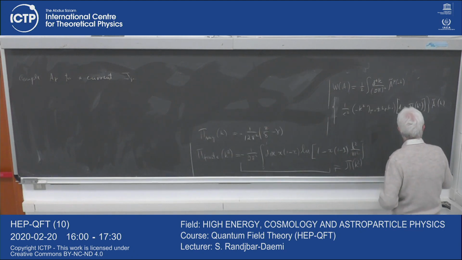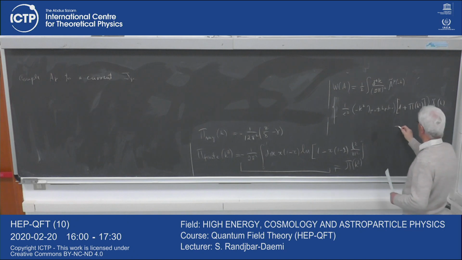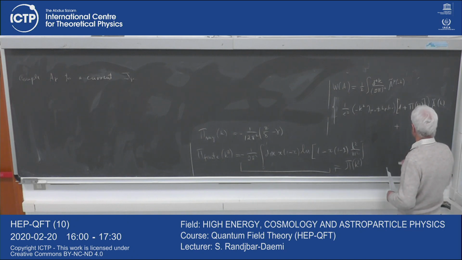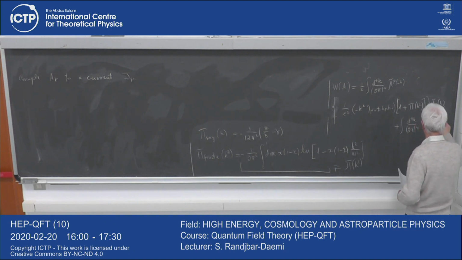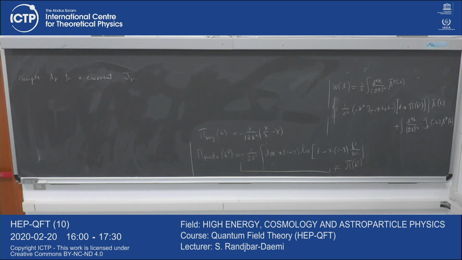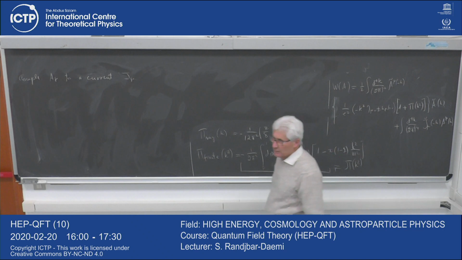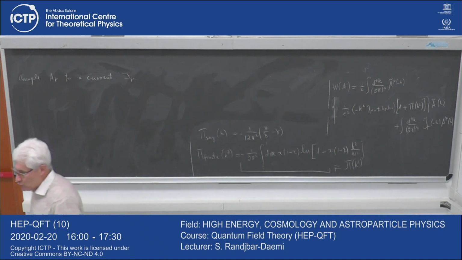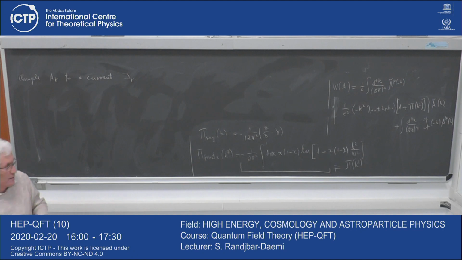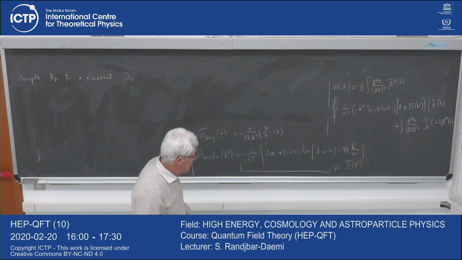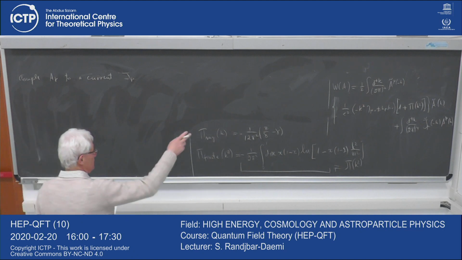So all we need to do is to add a term like J mu tilde of minus k times A mu of k. Okay? So this is an external source coupled to the Maxwell field, and we assume that it's given. Somebody has given this source to us. We will see that it has to satisfy the conservation law simply because of the structure of the action.